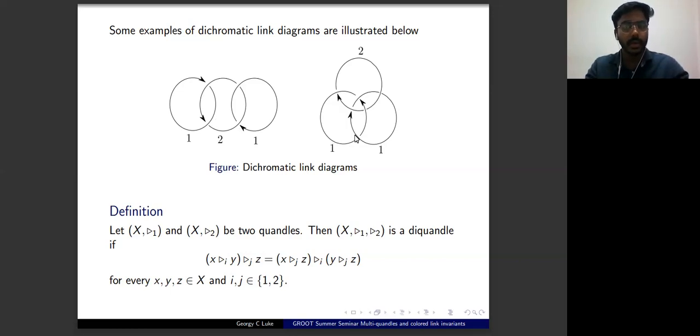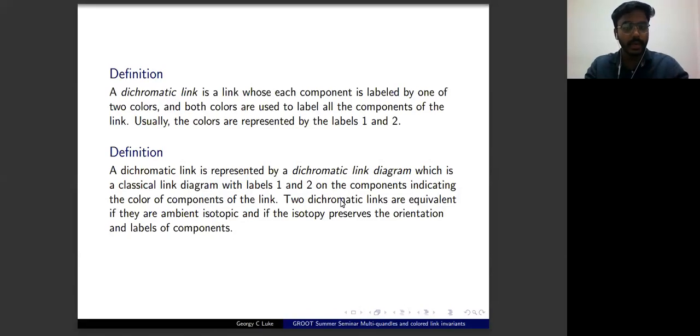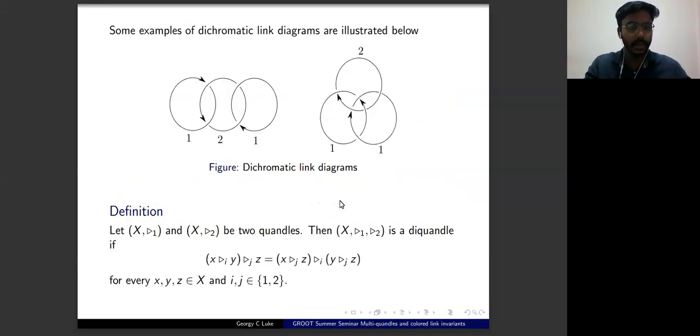Similarly here also, 2 colors are used and each component is colored by 1 color. Two dichromatic links are equivalent if, as links, they are ambient isotopic, and the isotopy preserves the orientation as well as the labelings, that is, the colors of the components.